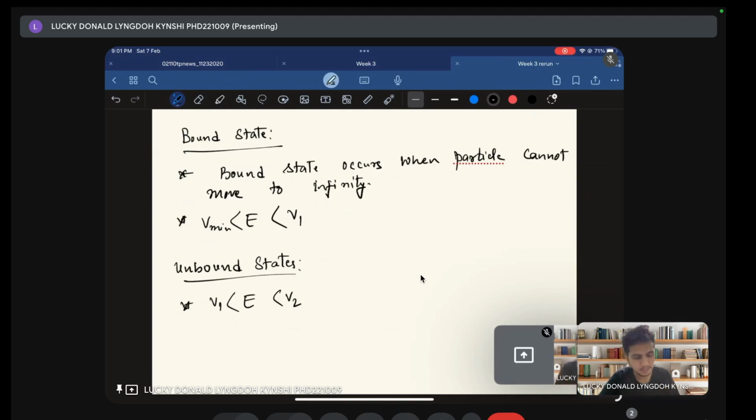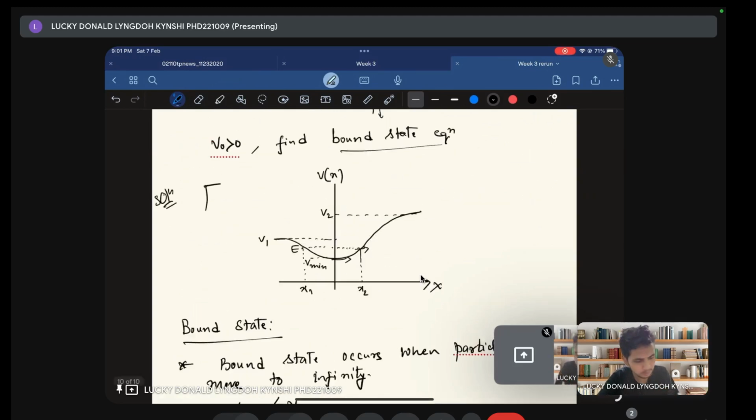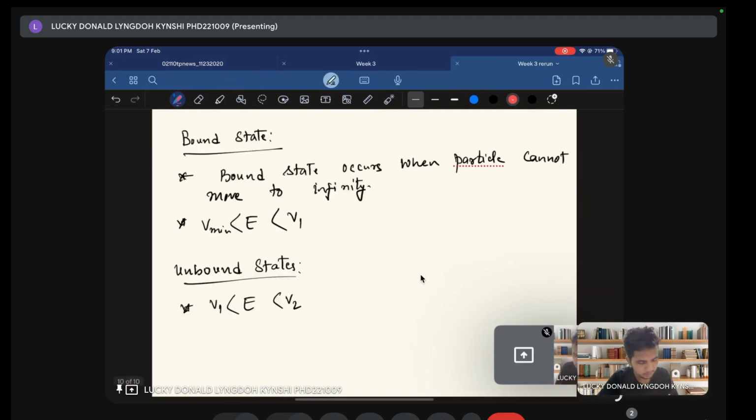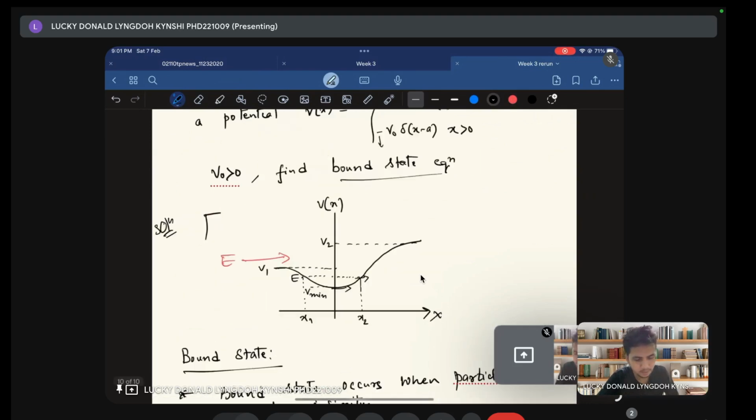Because if E is greater than V1, it is free to move in the negative direction, even though it's less than V2. The second case is that E is greater than V2. If the energy E is also greater than V2, then it can easily move away in the positive direction as well as the negative direction. These are called unbound states.